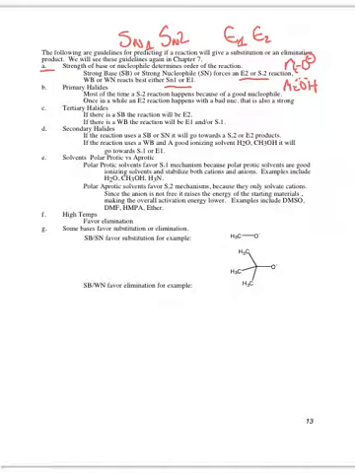The next thing we need to think about is if you have a primary halide, your only two possibilities are SN2 or E2. It will not do an E1 or an SN1 mechanism in those.